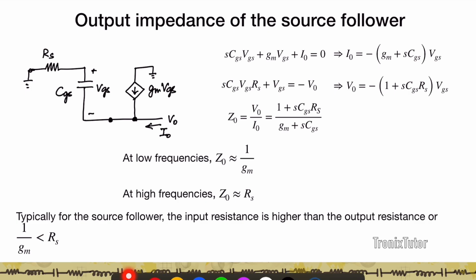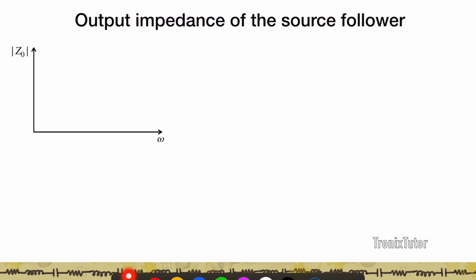Now typically we use source followers to transform the output resistance. So normally the input resistance of the source follower is higher. So let's look at a case where 1/gm is less than RS. Now if I plot Z0 as a function of ω, what I see is interesting. As my frequency increases, my output impedance increases from 1/gm to RS.